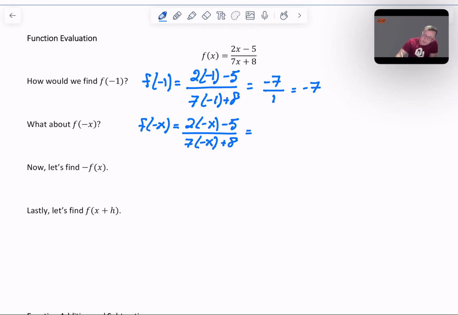And if I simplify that, that's minus 2x minus 5 divided by negative 7x plus 8.